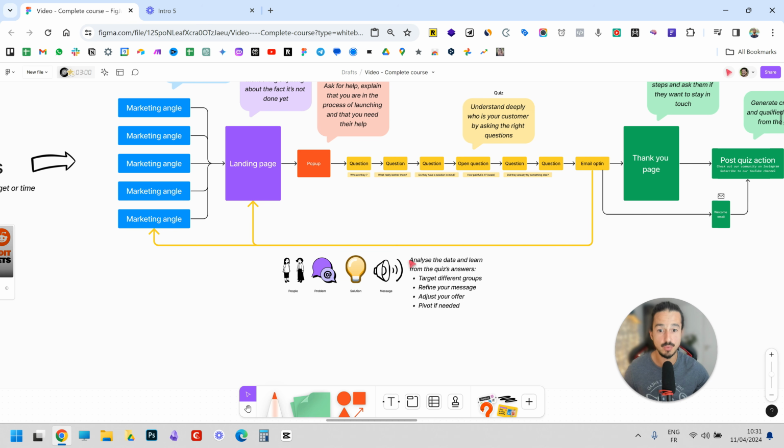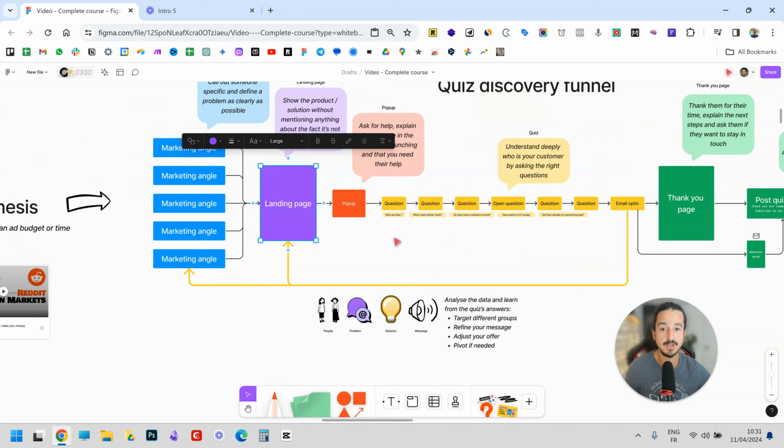And this is where we start refining our offer and our marketing message. How do we attract people? Who do we attract? And this is where we can completely change the solution. Maybe the first hypothesis we had wasn't the good one.